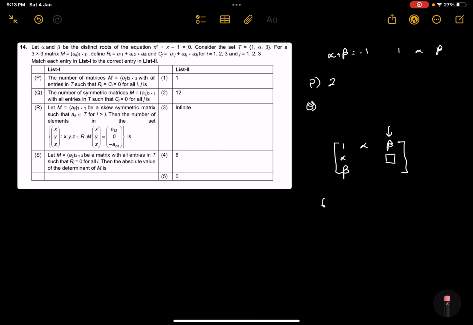So the element here is determined by the choice of the first row. We get a 1 here, so that makes 1 here, and as each column must have exactly 1, alpha and beta, we'll have beta here and alpha here. So by the choice of our first row, the entire matrix is determined. So the number of possible choices is 6, all the 6 permutations of 1, alpha and beta. So Q is mapped to 4.